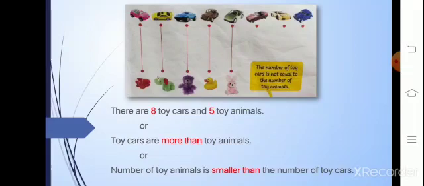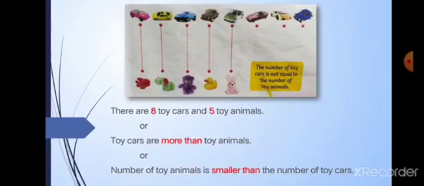Now, how can we write this expression? There is no need to write a full statement or sentence. We just put a sign between two numbers to show whether the first number is greater than the second number or the first number is smaller than the second number.